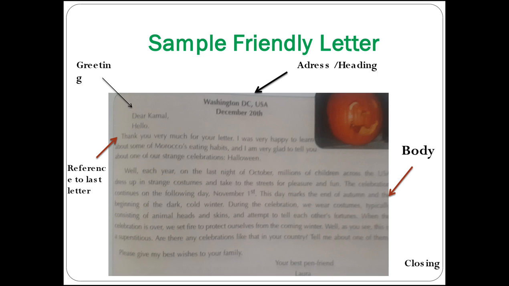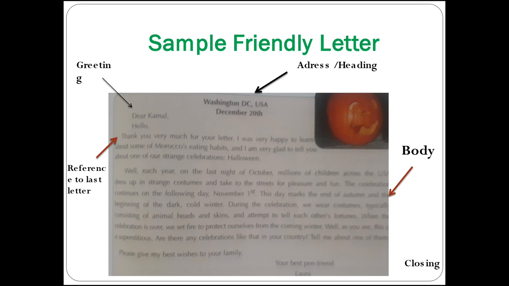Now, let's talk about the content. I hope that you can follow in your textbook. After the reference, she says thank you for the last letter, and she mentioned that she learned a lot of things from the letter where Kamal was talking about eating habits in Morocco.